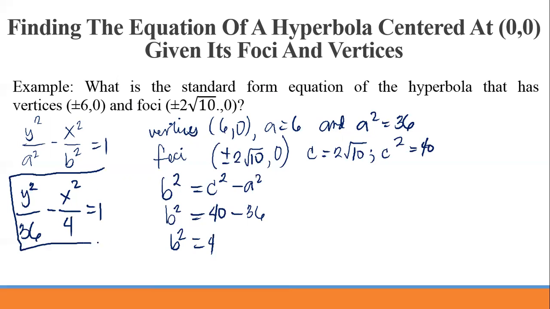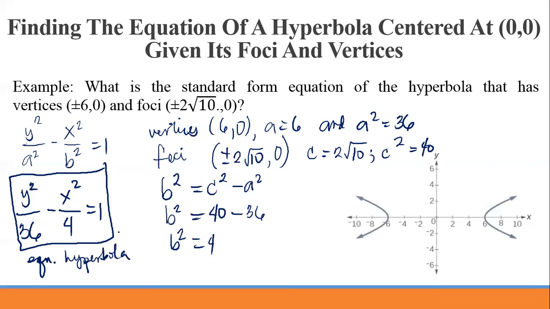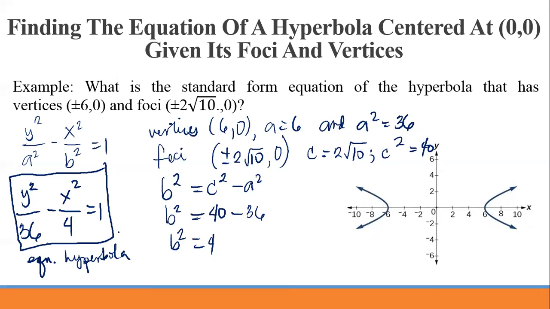So, ito na yung equation ng hyperbola. Alright? And then, so ito na yung graph niya. Intindihan. So, it lies, the foci and the vertices are on the x-axis. Ayun. So, nasa x-axis yan.